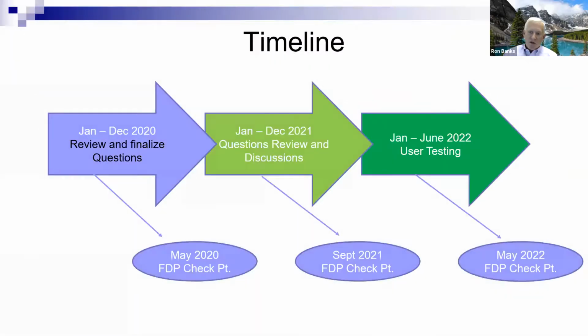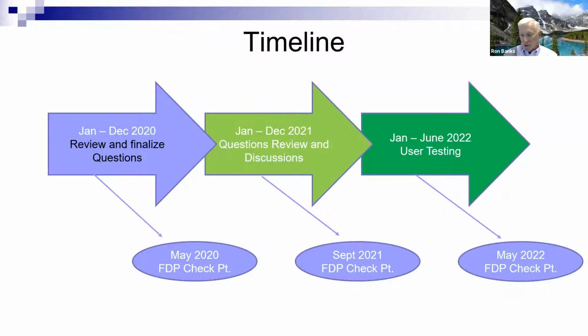The original timeline for the project, which is not listed on your screen but was listed on a prior screen, was to be through the review and discussion process earlier this year with a plan of going into user testing in early 2022.